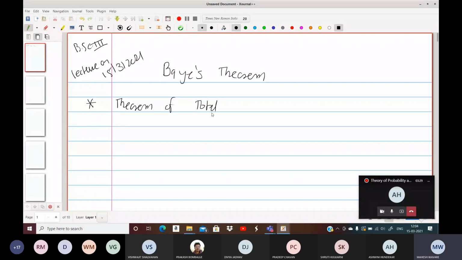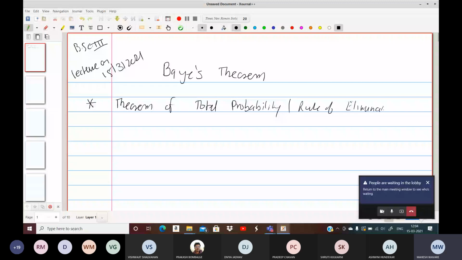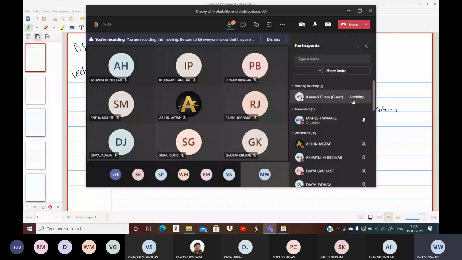Theorem of total probability. It is also called the rule of elimination.